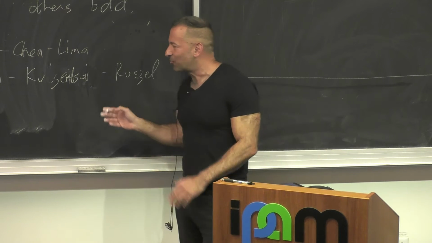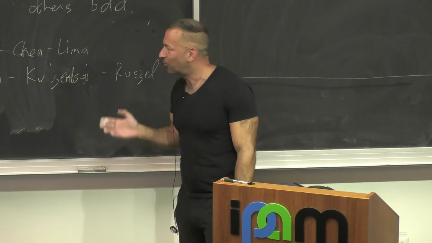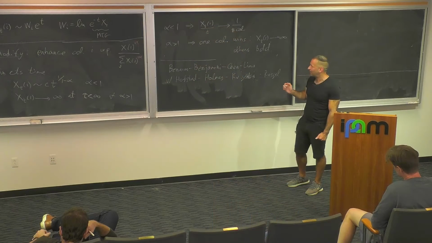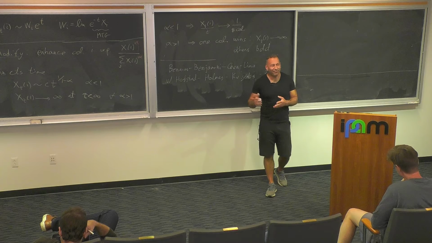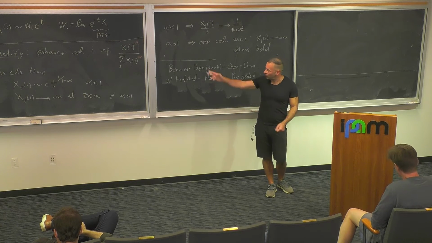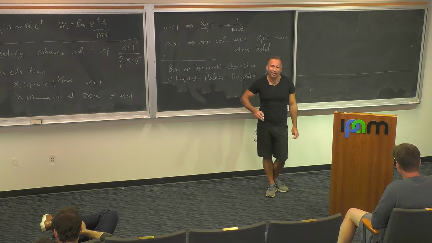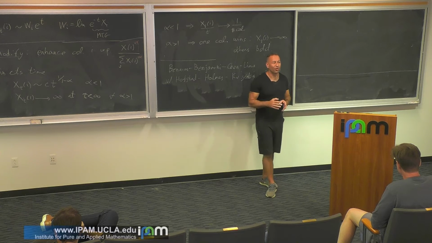So they introduce somewhat different versions of this process, but the general idea is that at each time you have some Polya urn, and we will look at this modified version with some power alpha, but at each time not every color participates.